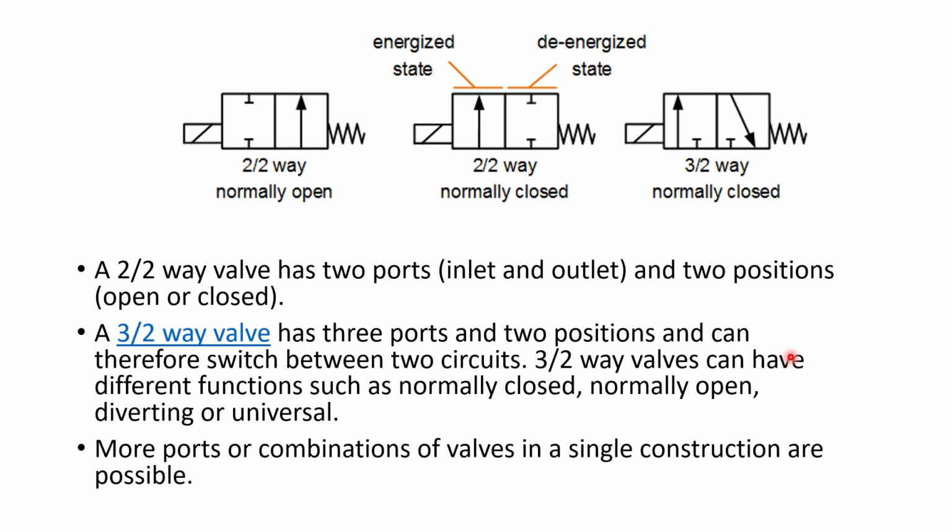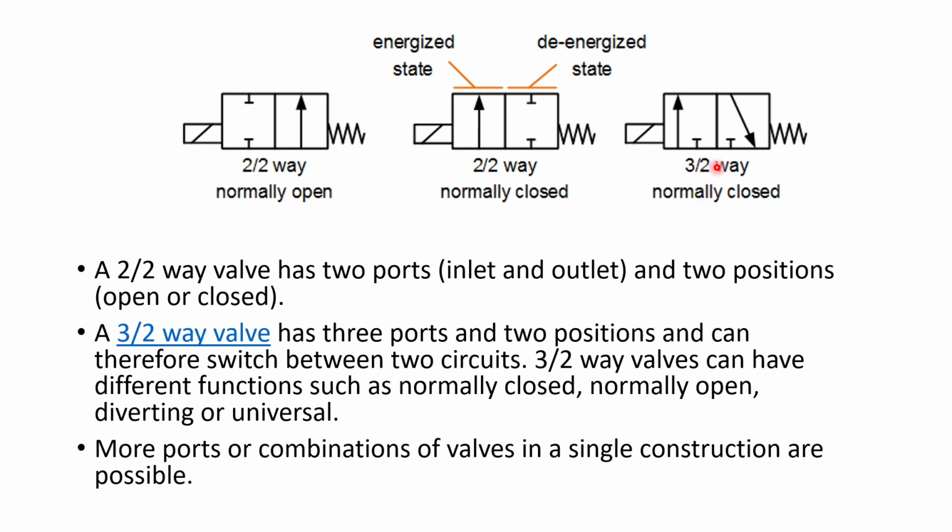This is the 3 by 2-way valve. A 3 by 2-way valve has 3 ports and 2 positions and can therefore switch between 2 circuits. It can have different functions such as normally closed, normally open, diverting, or universal. More ports or combinations of the valve in a single construction are possible.